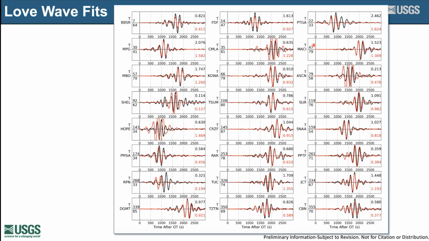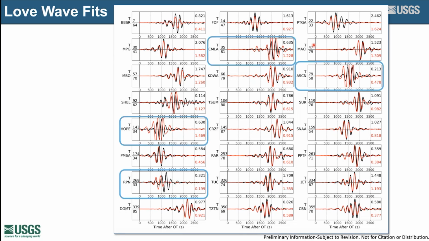Sometimes you see stations that have bad metadata, and so the amplitude of the observations will be many orders of magnitude off, and that's sort of a very obvious problem that needs to be taken care of. But if you look closely, I pointed out 4 stations that look not so great. And so if we remove or downweight these stations, we expect the slip distribution to clean up a little bit.